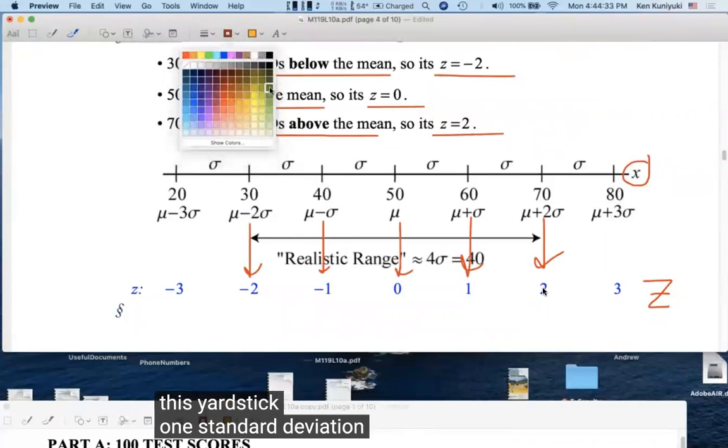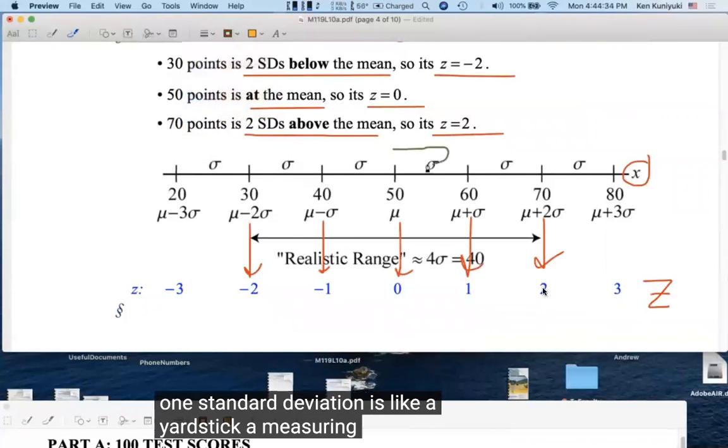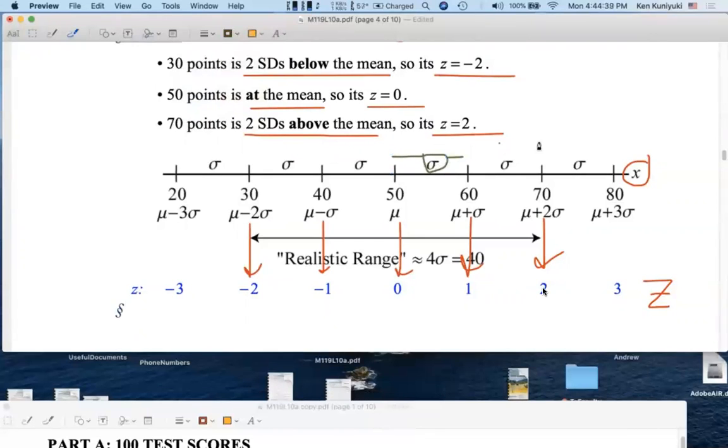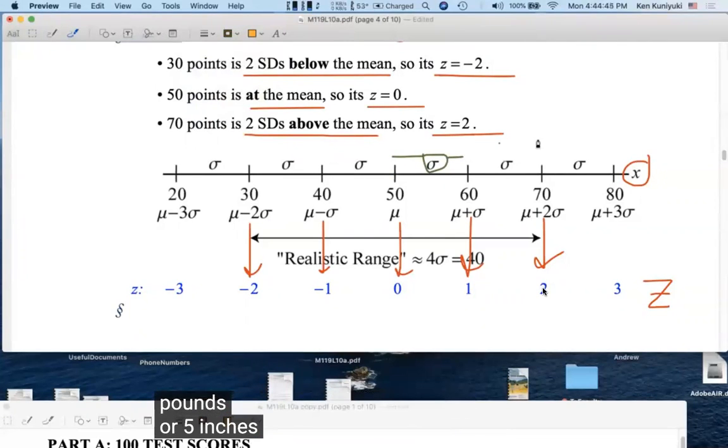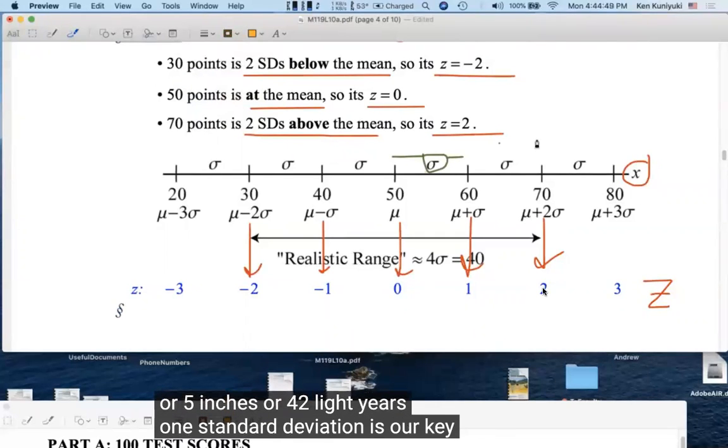One standard deviation is like a yardstick, a measuring stick. Whether it's 10 points, or maybe 13 pounds, or 5 inches, or 42 light years, one standard deviation is our key measuring stick.